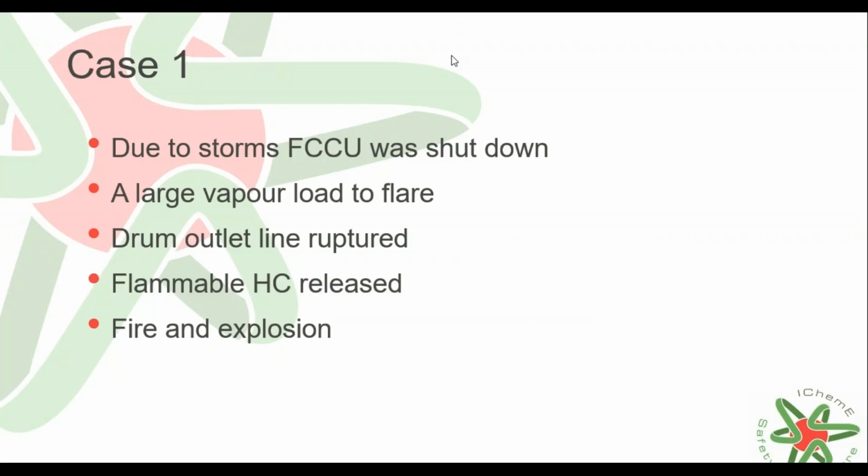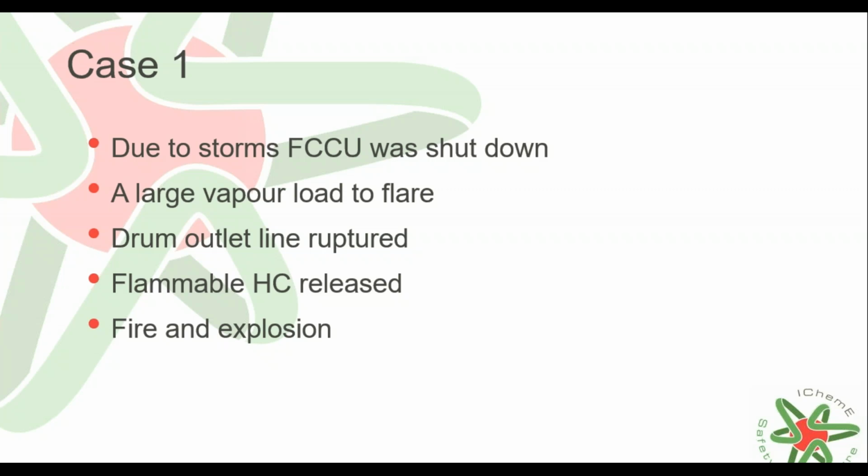Let's see now our first case. The first case occurred at an oil refinery. A series of severe electrical storms caused refinery-wide unit shutdowns, including the fluidized catalytic cracking unit, known as FCCU.